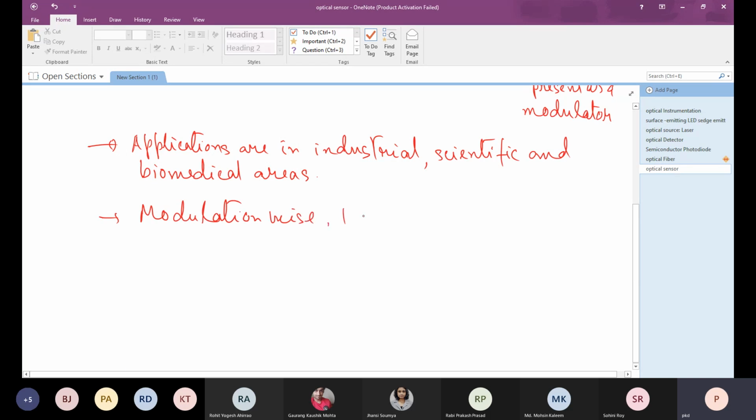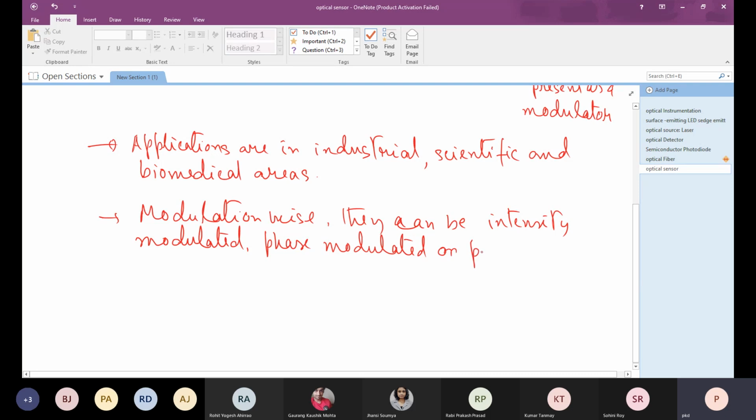Modulation wise they can be intensity modulated, phase modulated, or polarization or frequency modulated.